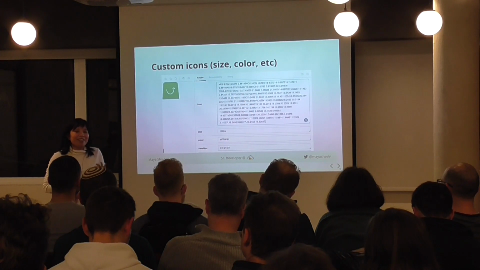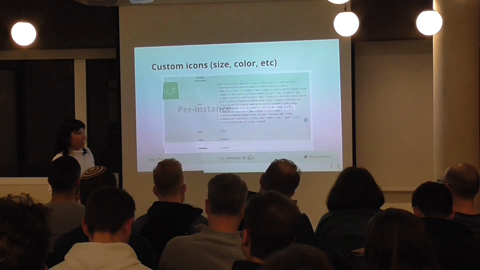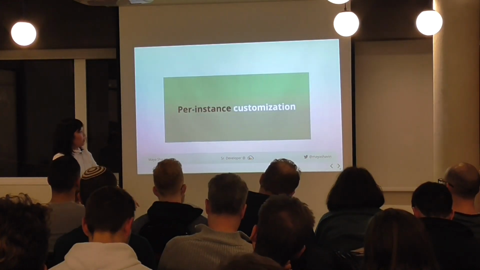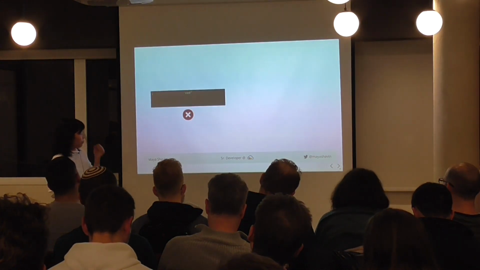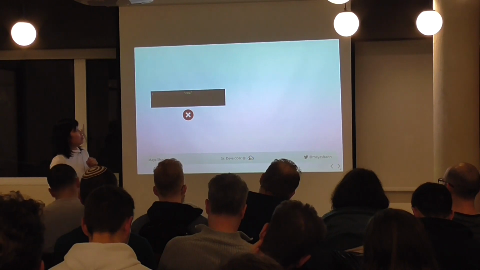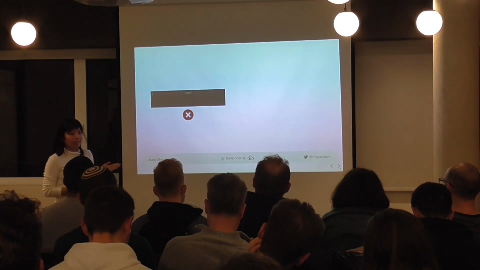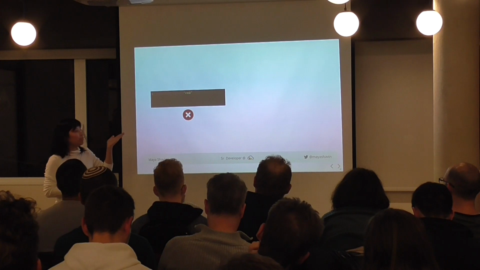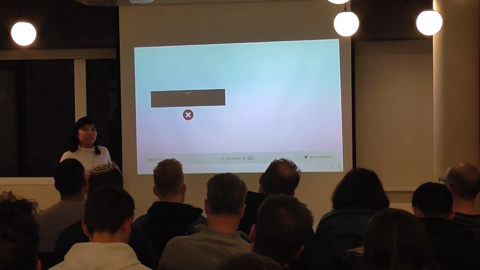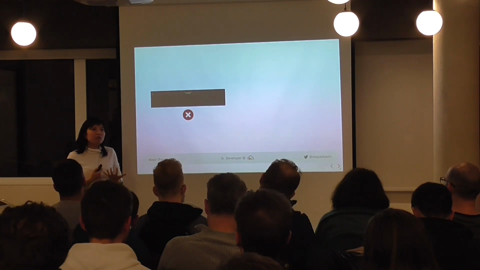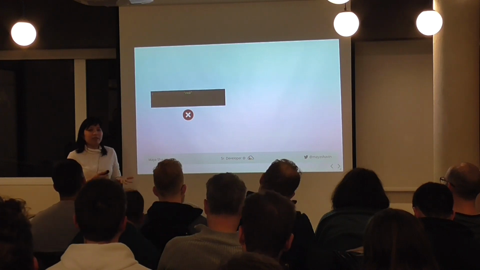You can even replace the icon with an image, like everything else. But for instant customization, this is per component. For example, don't do color red, because this is visual, it's too visual an appearance.